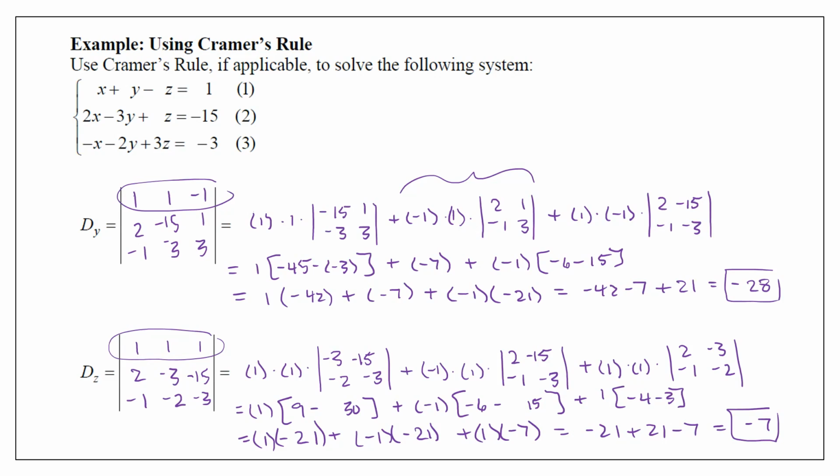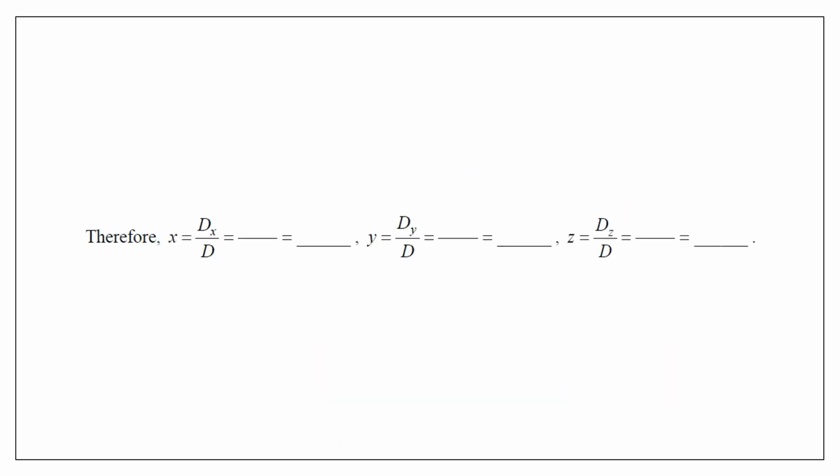Excellent. So from our expanding, we had d equals negative 7, d subscript x equals 14, d subscript y equals negative 28, and d subscript z equals negative 7. Therefore, x equals 14 divided by negative 7, which equals negative 2.